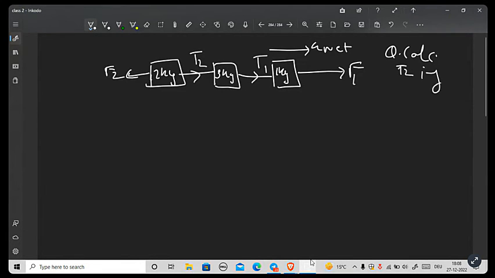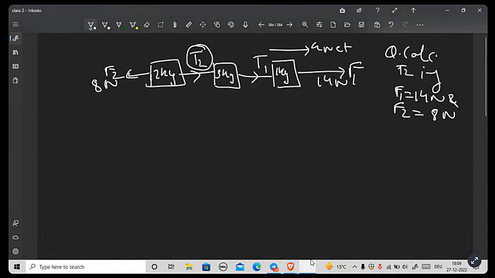If F1 is equal to 14 Newton and F2 is equal to 8 Newton, you have to give me the tension in the string between the 3 kg block and the 2 kg block.